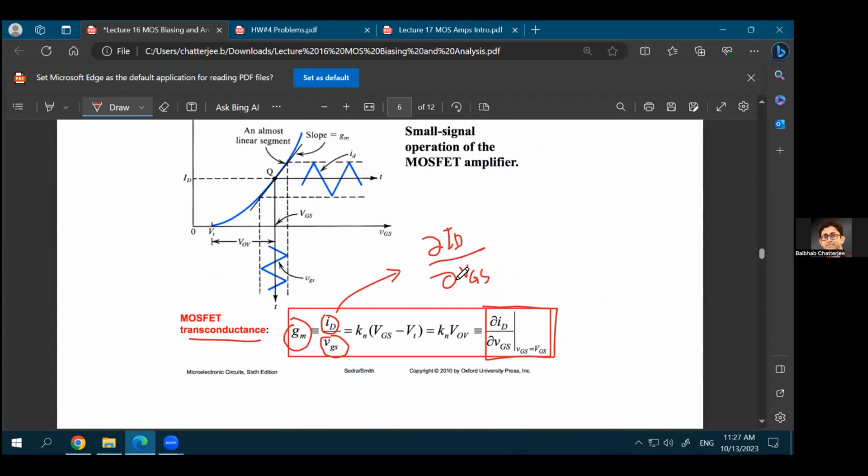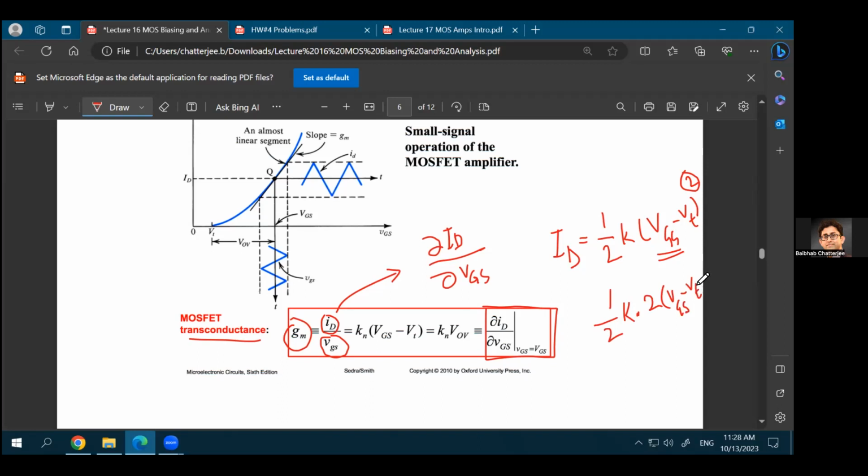And if you take the derivative of your ID equation, remember ID is equal to half of K times (VGS minus VT) whole squared. If you take a derivative of this with respect to VGS, what do you get? You have a squared term and you have this VGS with respect to which you're taking the derivative. So your derivative will become half of K times 2 times (VGS minus VT).